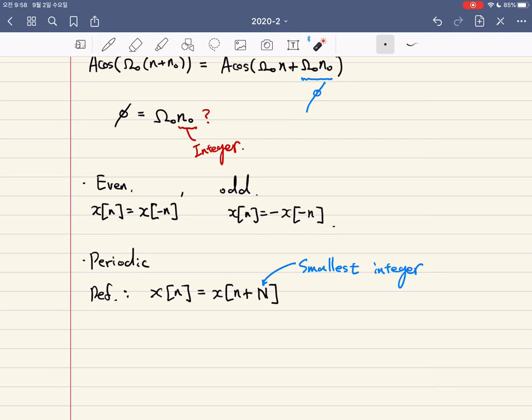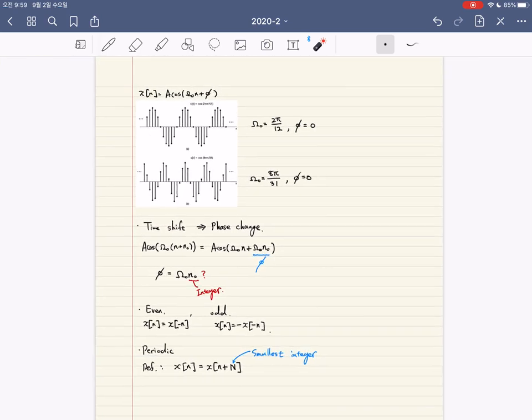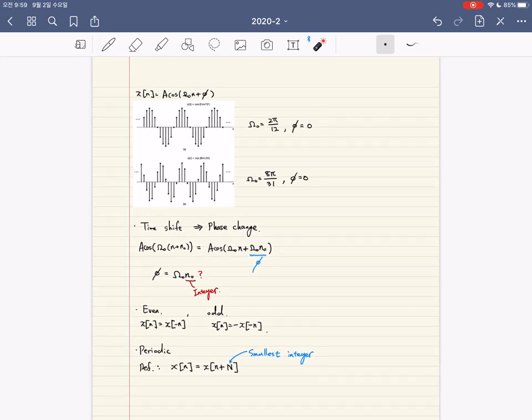So as we already did in continuous time, we will equivalently insert this relationship into the sinusoidal waveform.